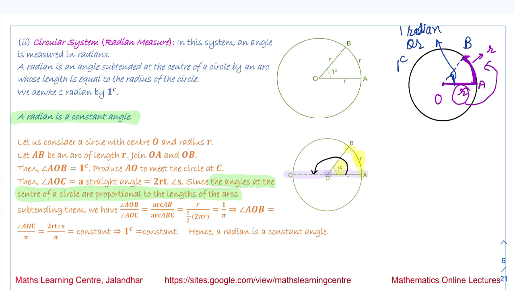So we have this angle AOB. We are talking about this angle over here. This is AOB, this angle, divided by angle AOC. We are talking about this angle AOC. This should be equal to the ratio of the lengths of the arcs.